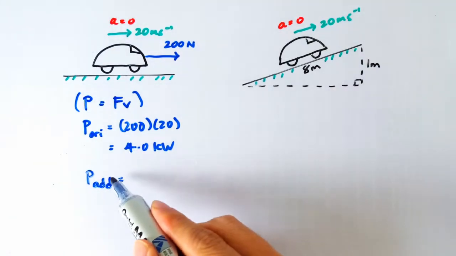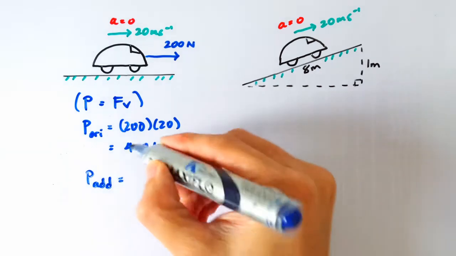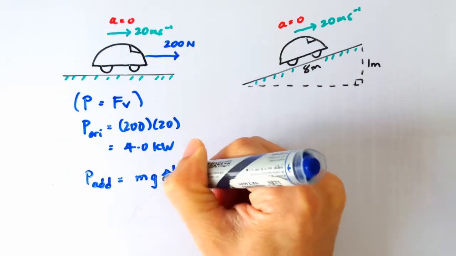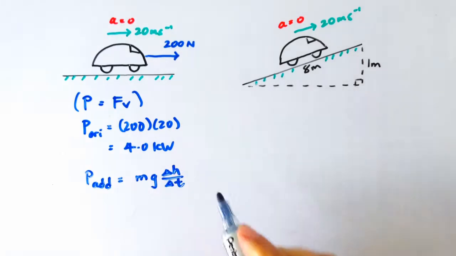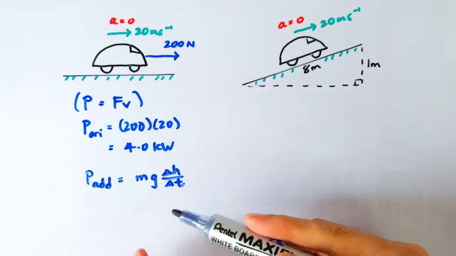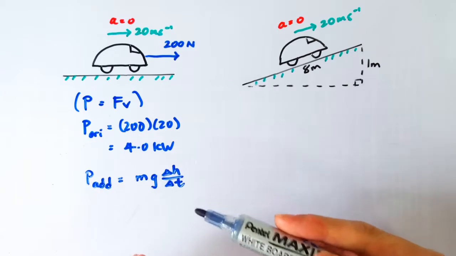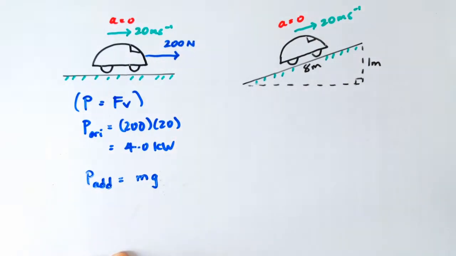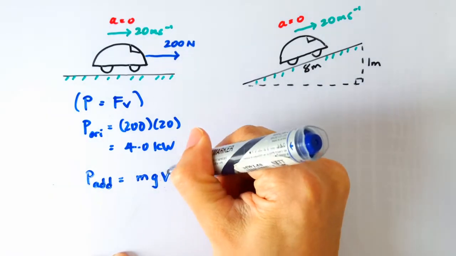If you want the additional power, you should think in terms of mg times Δh over Δt, basically the rate at which you are gaining height. You can also think of this as the vertical velocity.